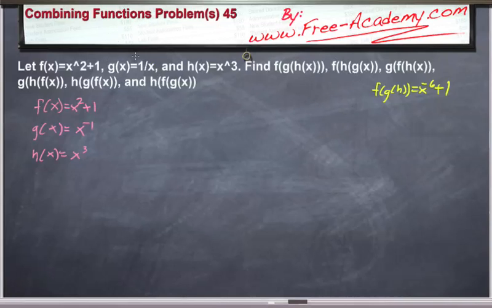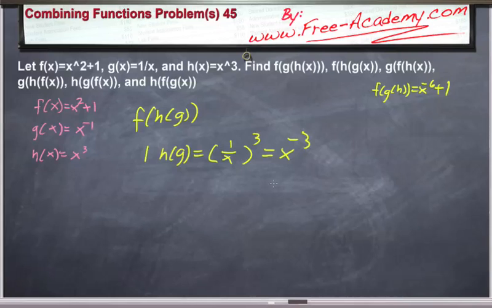Let's go on and find f of h of g of x. So we start first by finding h of g, which is to write the equation for h of x, which is x to the third, and put g of x in for that. And once again we get x to the negative third. That's a matter of coincidence.